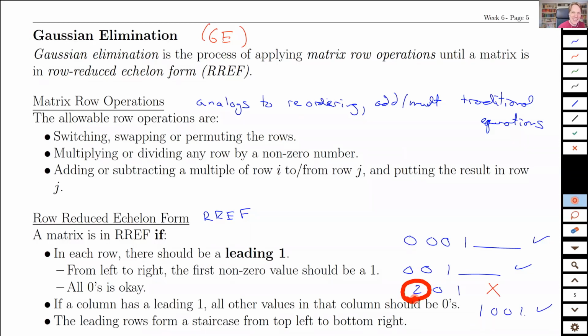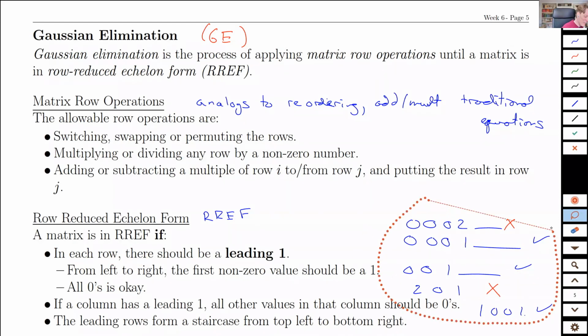So basically, the first value as you move from left to right has to be a 1. What would also be wrong? 0, 0, 0, 2, and then some stuff, that would be wrong as well. Okay. That's just this condition here. There's more to it though. So I'm going to erase these for a second because they're not good to have on the page permanently.